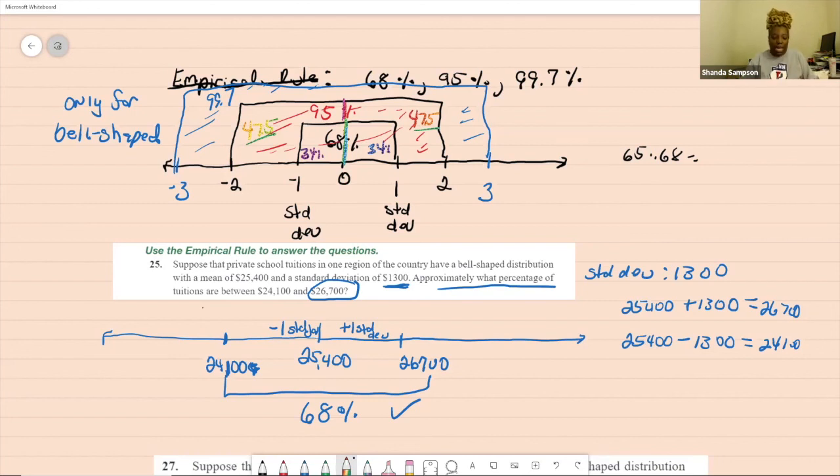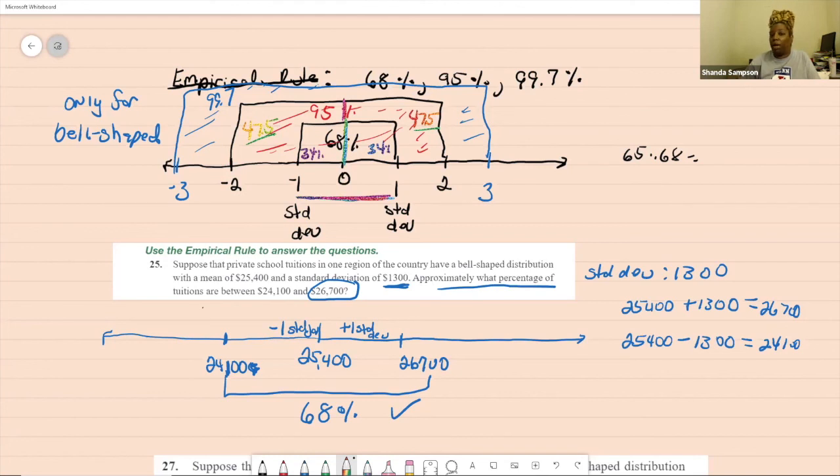Same thing with 99.7, but you get the point. 68% of your data lies between -1 and 1, or 95% of your data lies between -2 and 2. However, if you're just looking at a portion of it, if you're talking about 68%, 34% lies above that one standard deviation and 34% lies below. If you're taking them together, the total is 68%.